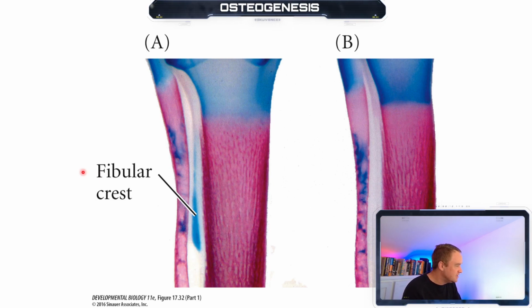So this is day 13 of a chicken embryo in part A here, and then you can see it's stained blue, where we have this connective tissue between the tibia and the fibula. In part B, I don't know how, but experimentally, they prevented movement of the chick embryo.